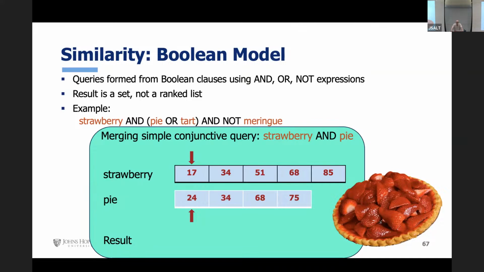You put together ands and ors and nots, and you have a query like strawberry and pie or tart and not meringue. And if a document met that criterion, you put it in the return set, and if it didn't, you didn't. And it was very easy for people to understand why a document was returned, because you either had those terms in it or didn't. We're going to skip this.